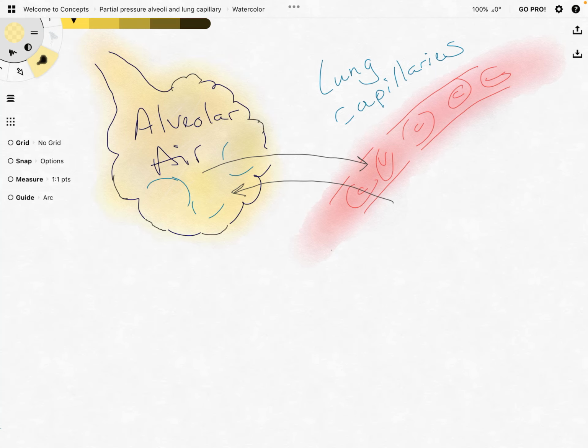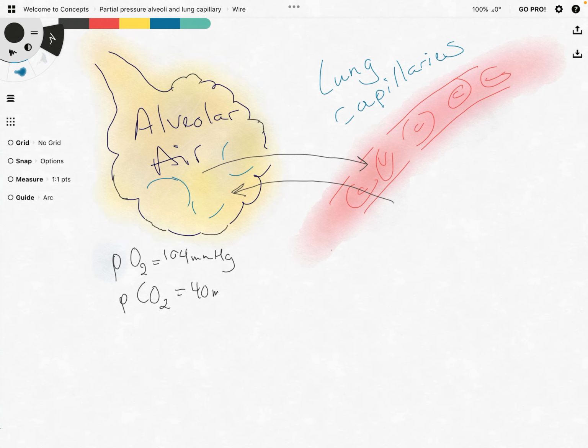The partial pressure of oxygen is actually going to be about 104 millimeters of mercury, and the partial pressure of CO2 is going to be about 40.